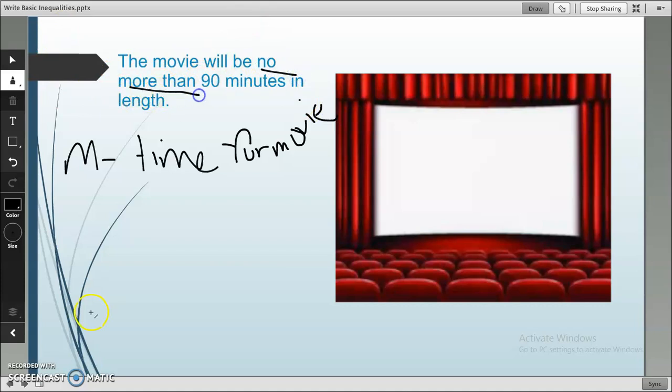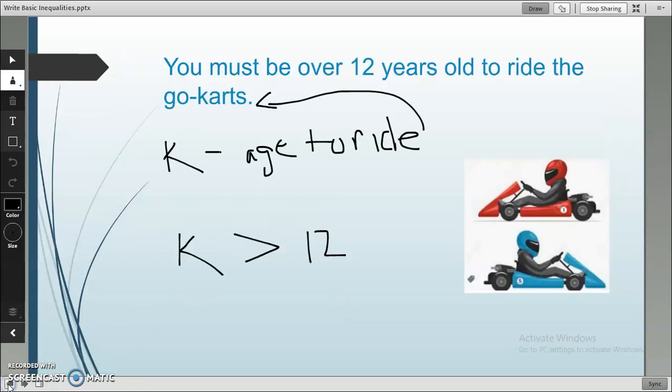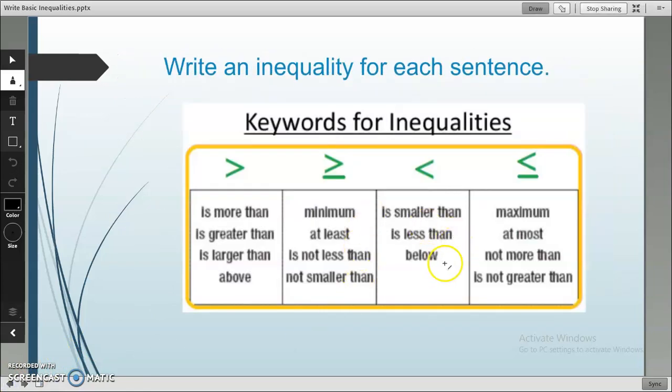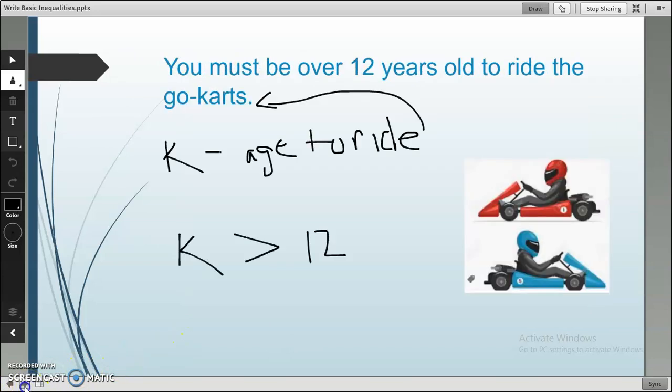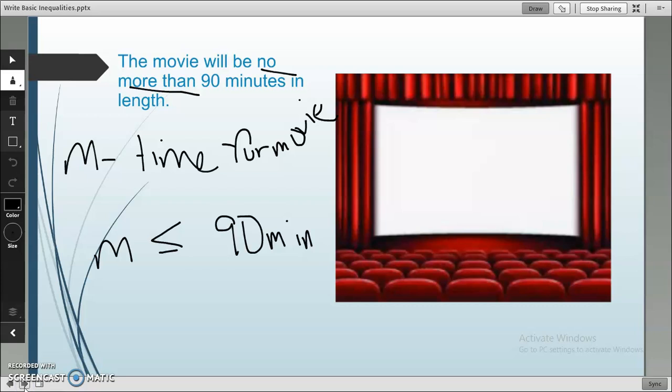That means that the movie has to be less than or equal to 90 minutes. And we'll go back to that chart again. So not more than is less than or equal to. And that's what we have here, and it makes sense also. The movie can be no more than, so my greatest amount is 90.